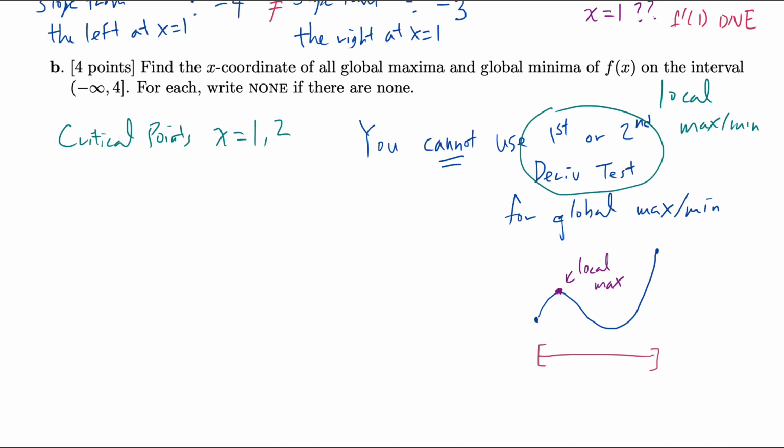But obviously the global maximum on this interval, the largest possible value of the function, is happening here, at the end point in fact. So the global maximum is here, and that's larger than the local maximum. The first or second derivative test can detect local maximum and local minimum, but it might not be able to detect some subtlety like this one. So we cannot use first or second derivative test.